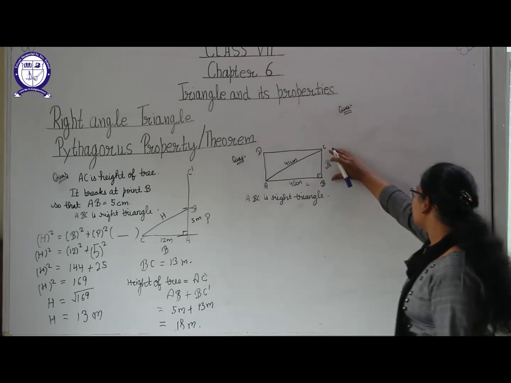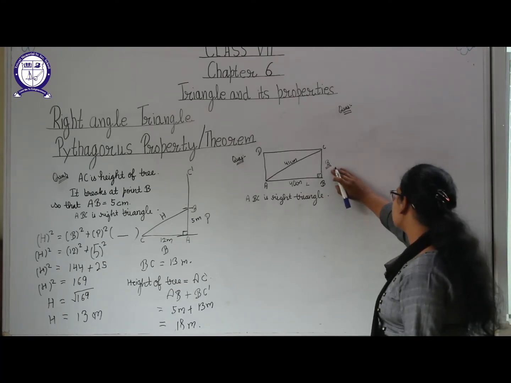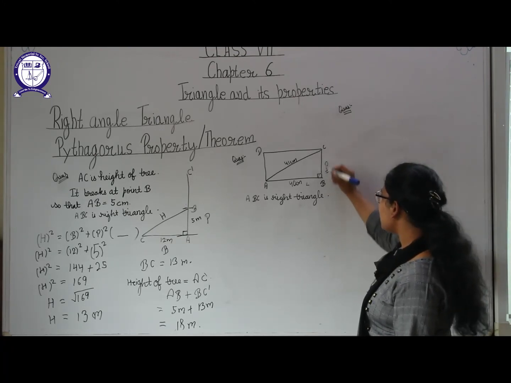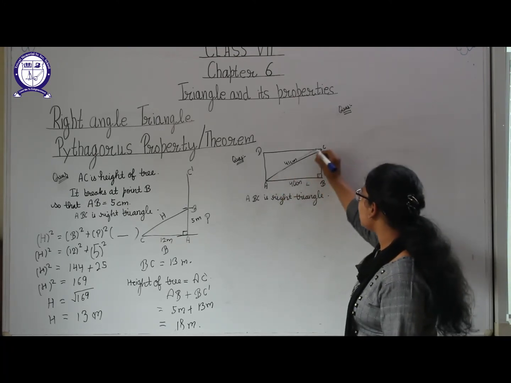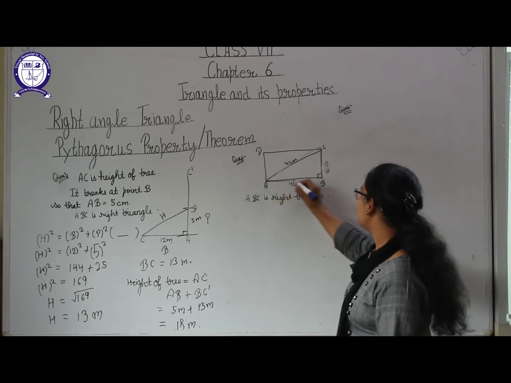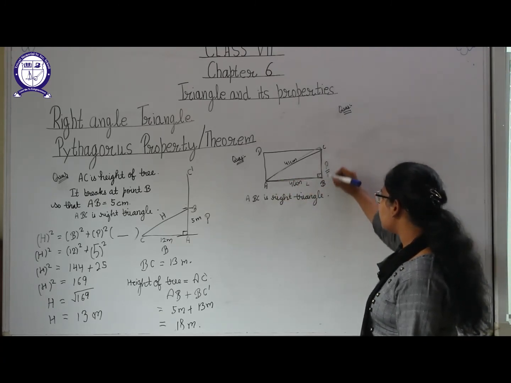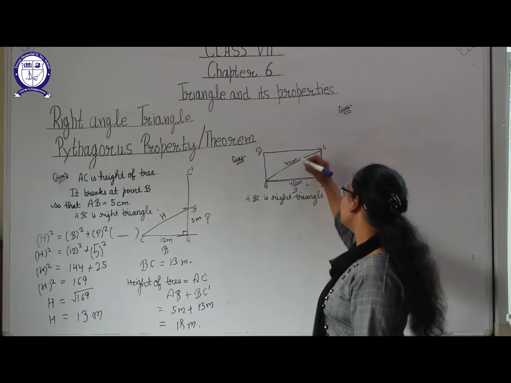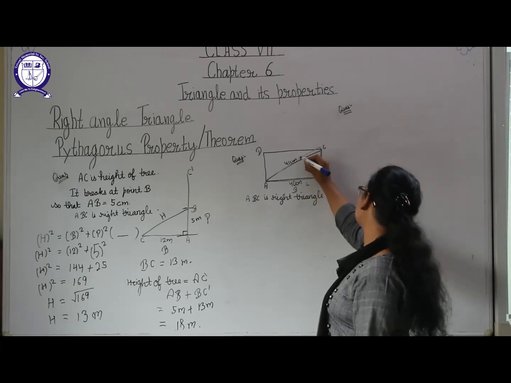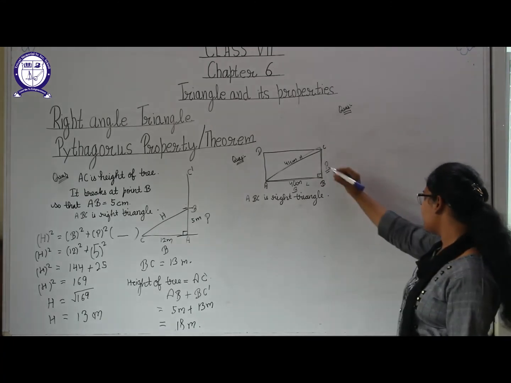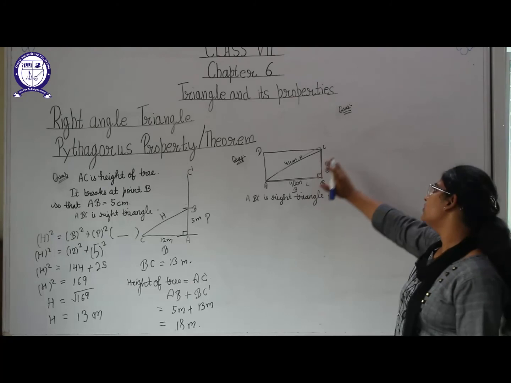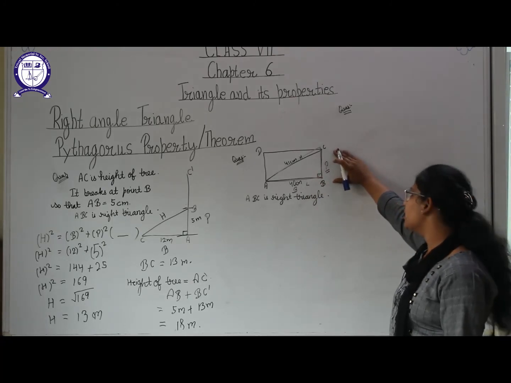Now we can find out BC, as BC will be the perpendicular for this triangle ABC. This AB side will be the base, and this is the hypotenuse. Okay, we know the hypotenuse, we know the base, we need to find the perpendicular.